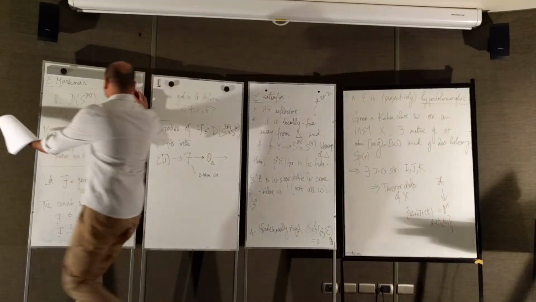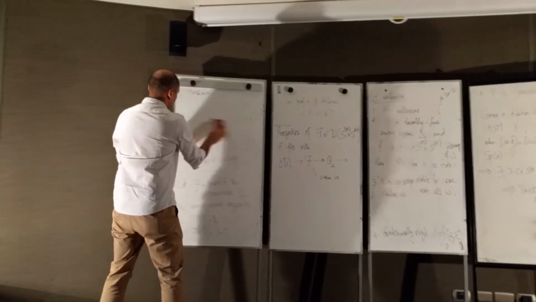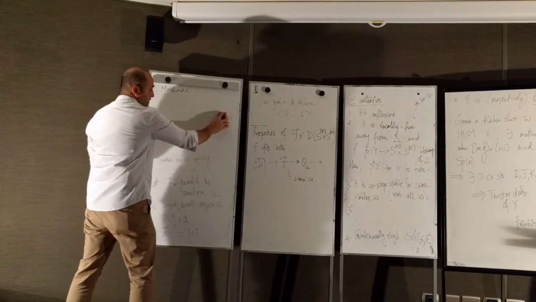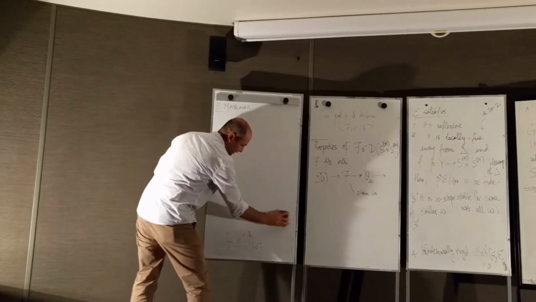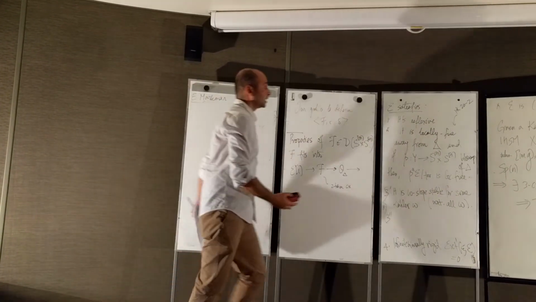A sheaf is hyperholomorphic if it extends to this twistor deformation. This is something very transcendental, which I admit I don't fully understand.